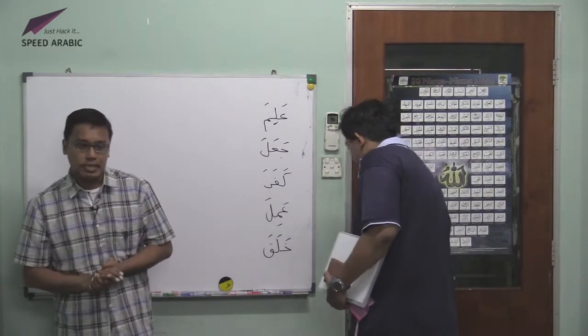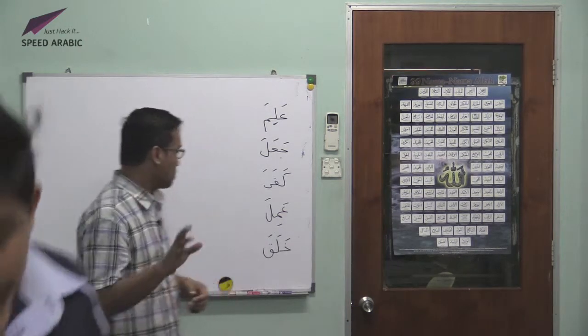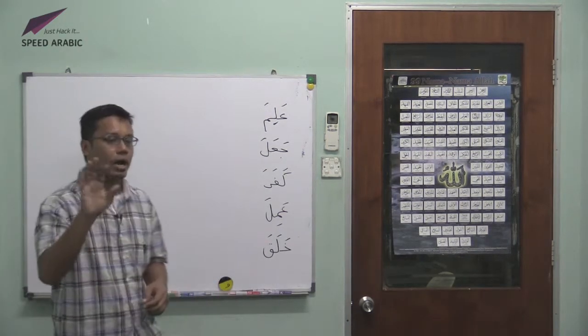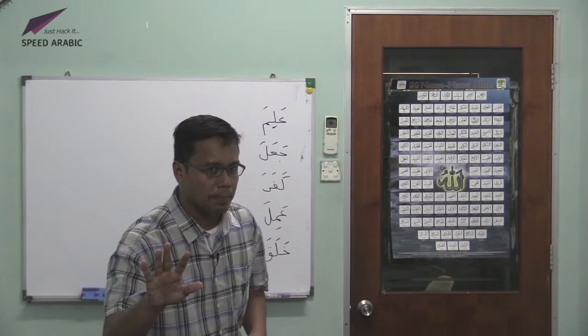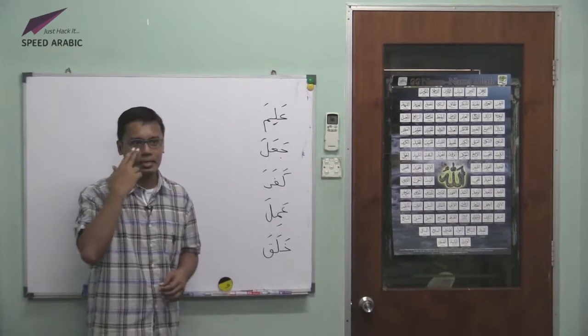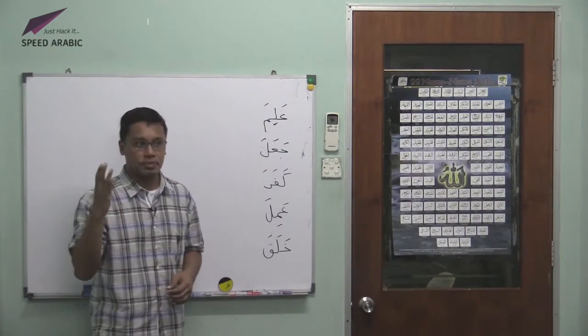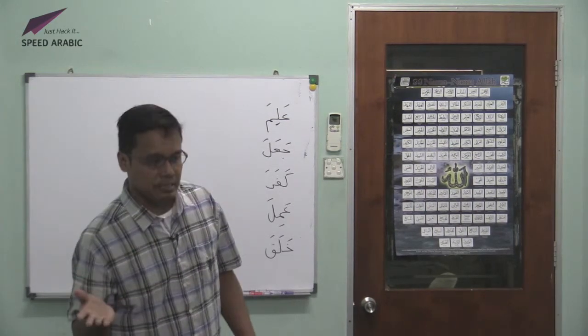So when we are done with the word types and word kinds, we will go to the word parts. Okay. So how many parts of a word are there? Three. What are they? Prefix, suffix, and infix.